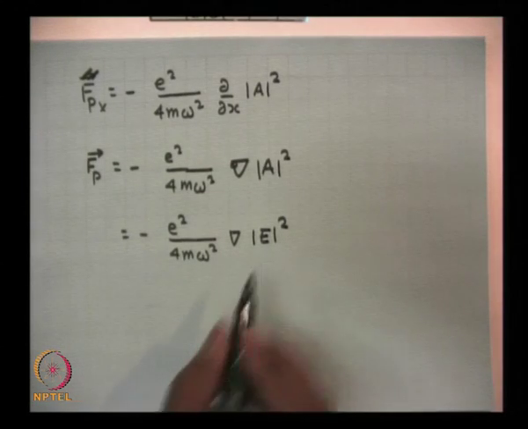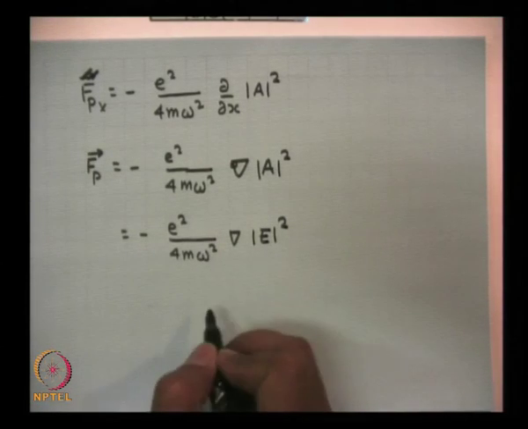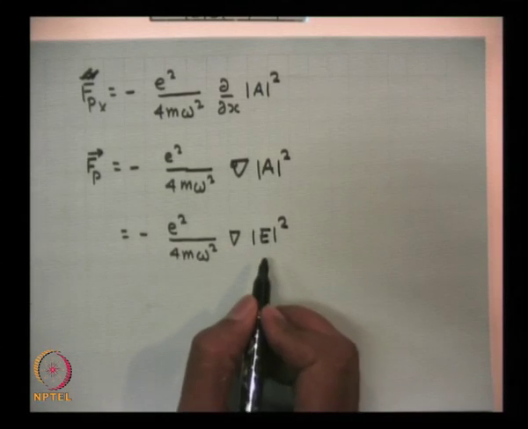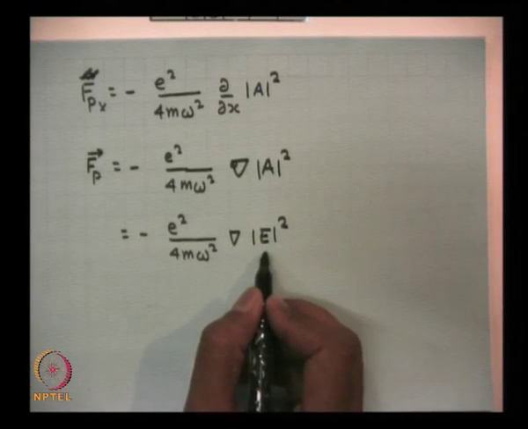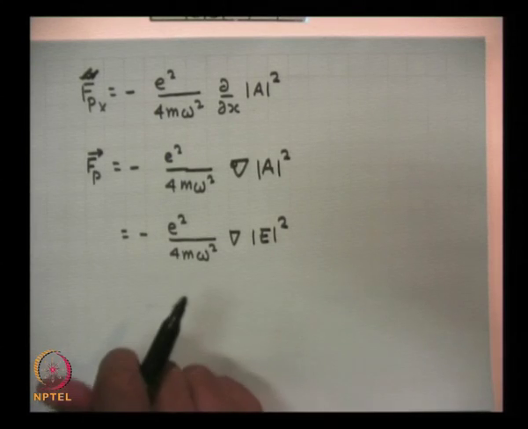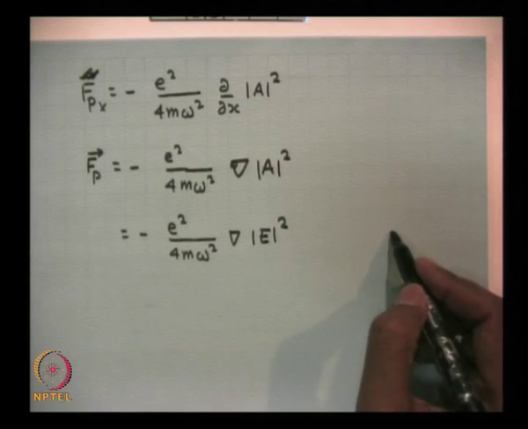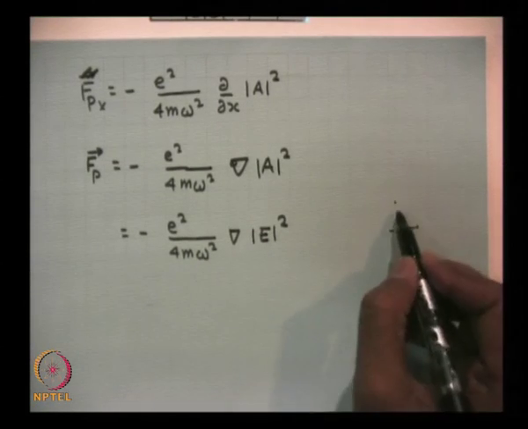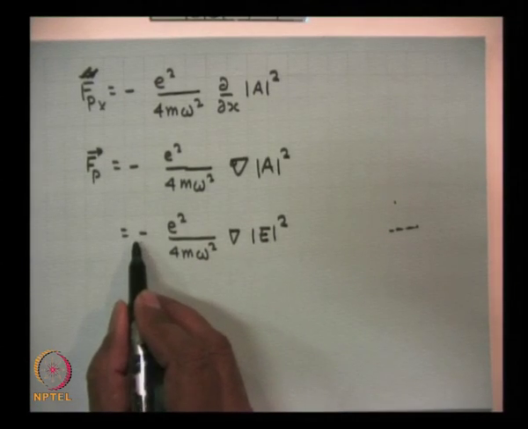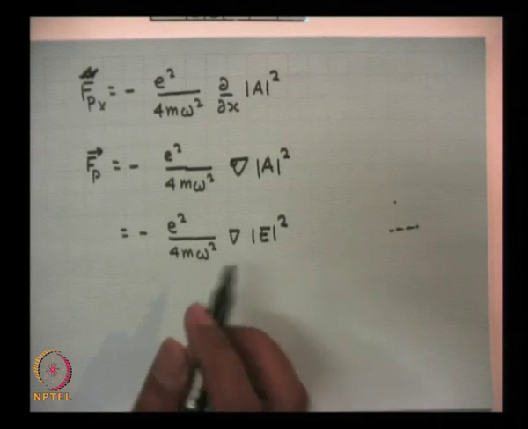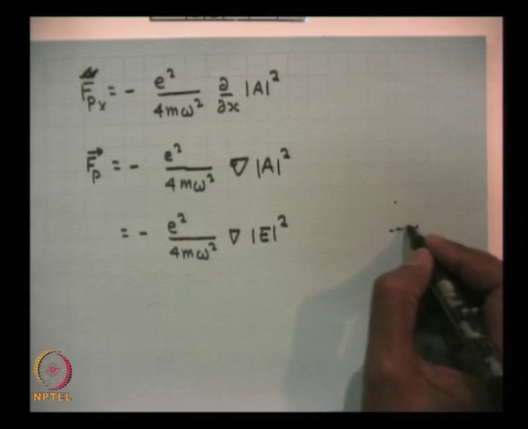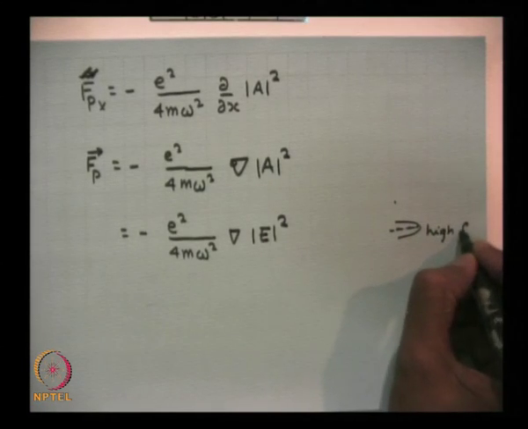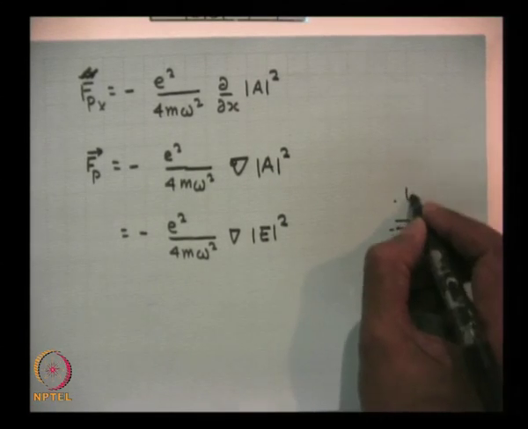This quantity is very important in plasma physics. What does it tell? This says that if in a region of space the electric field has a non-uniform amplitude, suppose the electric field has a larger value here and a smaller value there, then the gradient of the electric field is in this direction, the force will be opposite, meaning this force compels the electron to go from the high field region to the low field region.